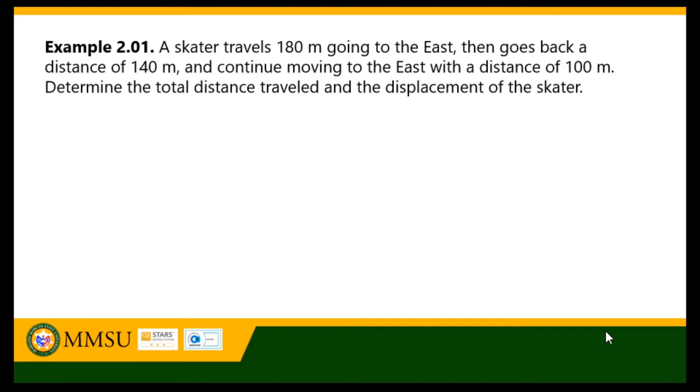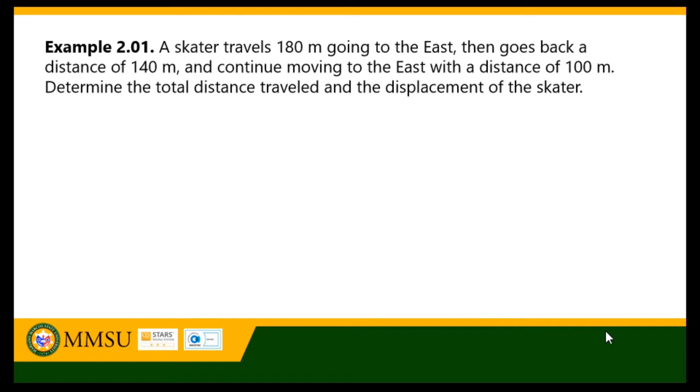So we have example 2.01. A skater travels 180 meters going to the east, then goes back a distance of 140 meters, and continues moving to the east with a distance of 100 meters. Determine the total distance traveled and the displacement of the skater. For the first unknown, we have the distance.